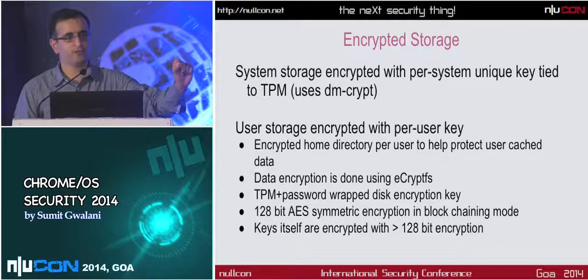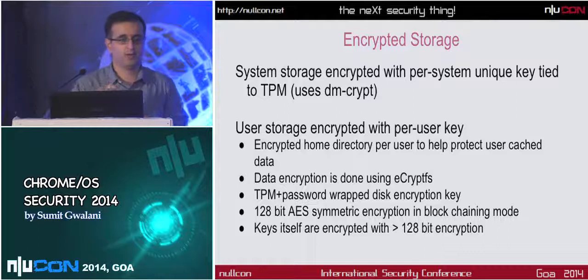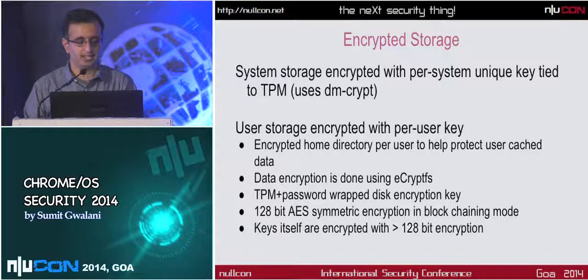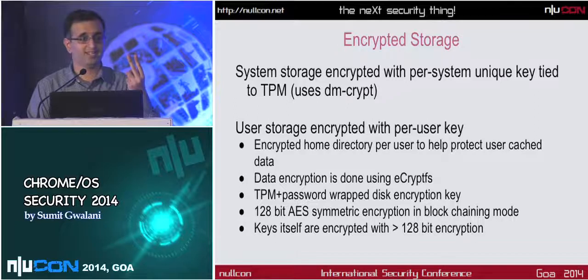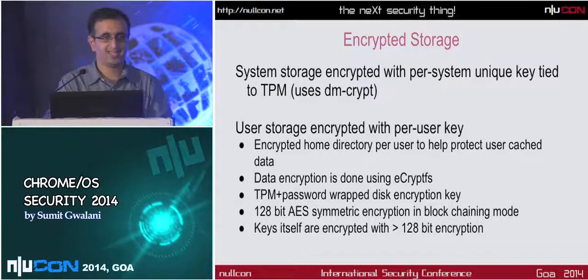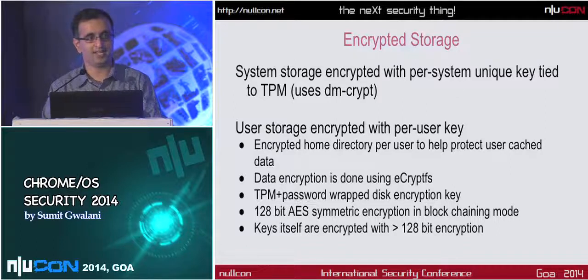So the keys are derived from the TPM and also from the user's password. What guarantees does this give me for all my user data? It means that even if someone steals my SSD out of my device, they need two things. They need to somehow carefully take out the TPM, extract the keys from the TPM, and at the same time know my password.